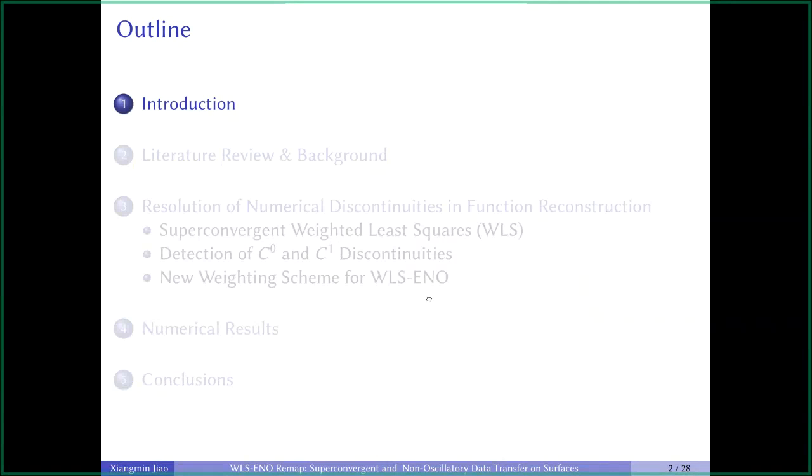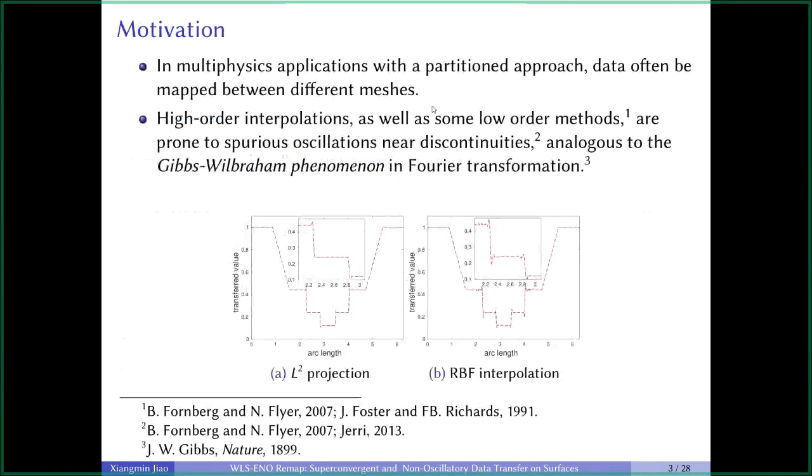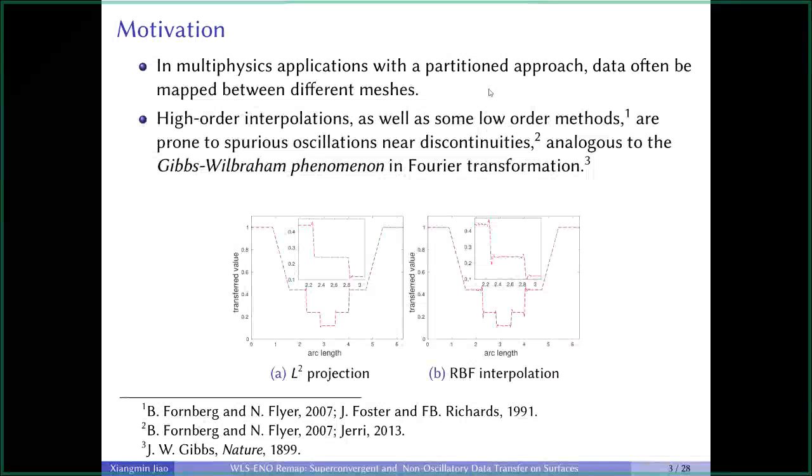Okay, so introduction. Data transfer or remap is an important part of the partitioned approach for multiphysics coupling. As physics models are increasingly using high order methods, data transfer also needs to be high order.